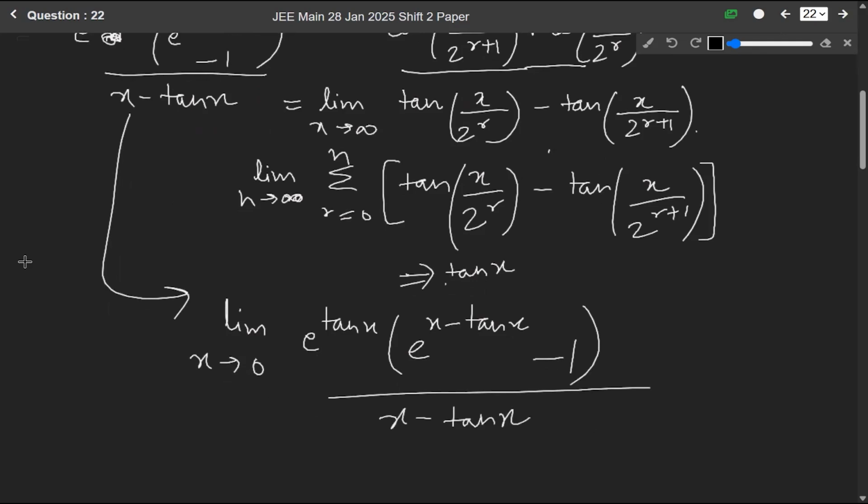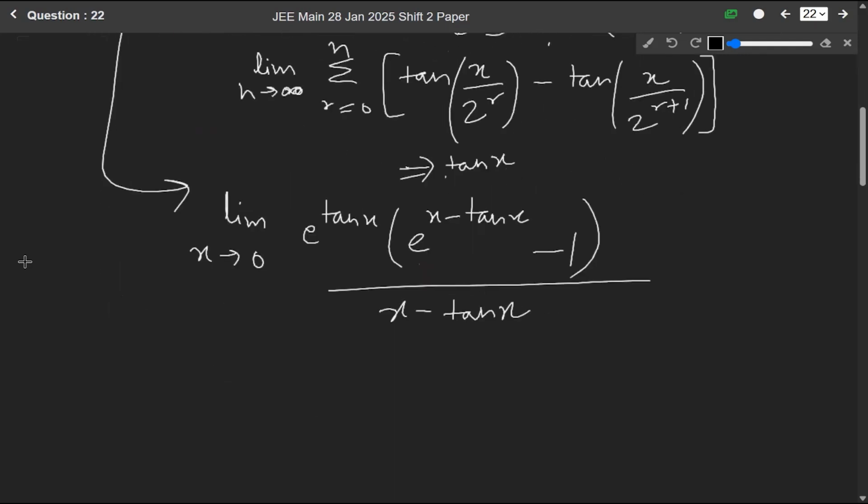Okay. Now, if the limit is given as x tends to 0, let us divide this limit into two parts.